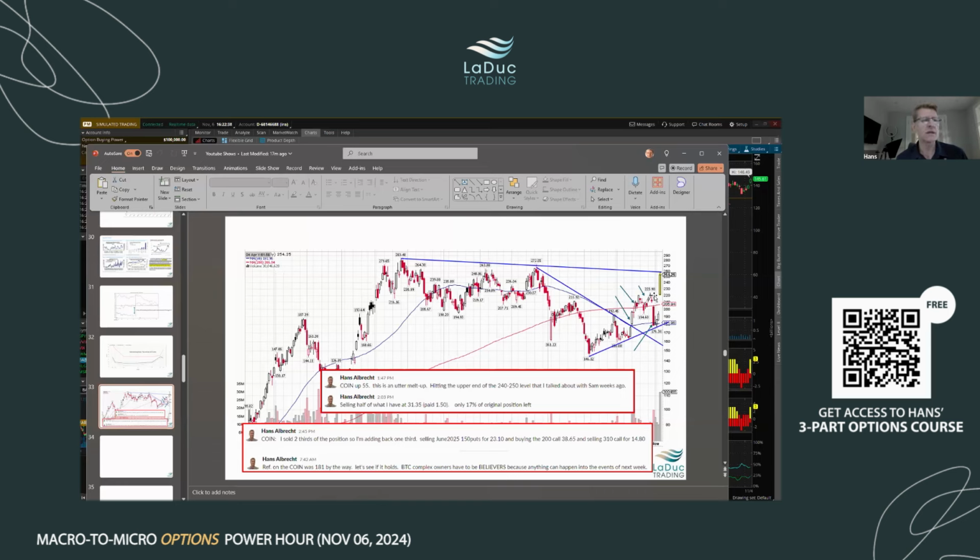I think it's going to 250. It pulled all the way back on earnings to 181, and I saw it get very close to this trend line. I said, you know what, that third that I sold, I'm going to buy that back. And sure enough, it bounced, and everything just turned out beautiful for the whole COIN complex. We see Bitcoin making all-time highs today, and we'll see if that lasts.